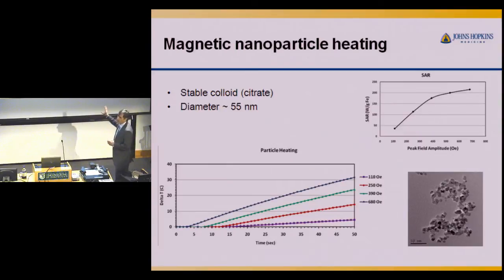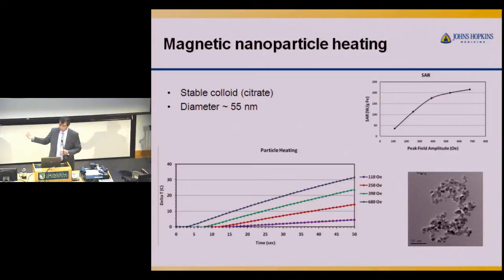And the idea behind these particles is actually to get them to deliver more power at low field, because we want to minimize some of the engineering constraints and also enhance some of the safety features by using lower power fields for therapy.